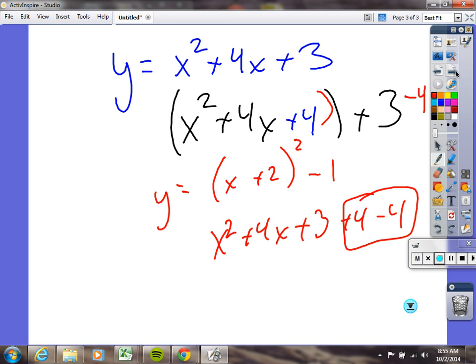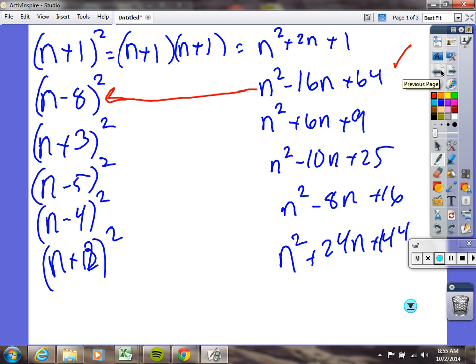So therefore I went from my trinomial to my binomial. So I went from here to this one. Is that what your question was? No, we're starting in this kind of form and trying to get back to this form.